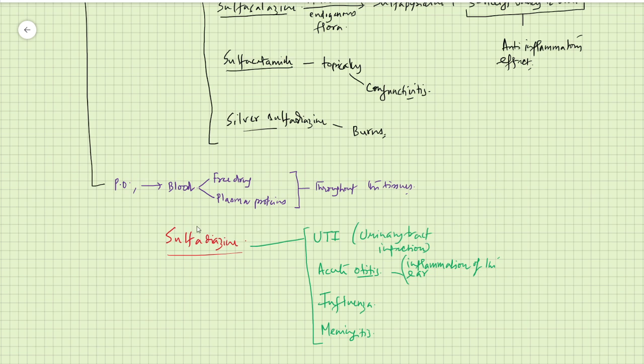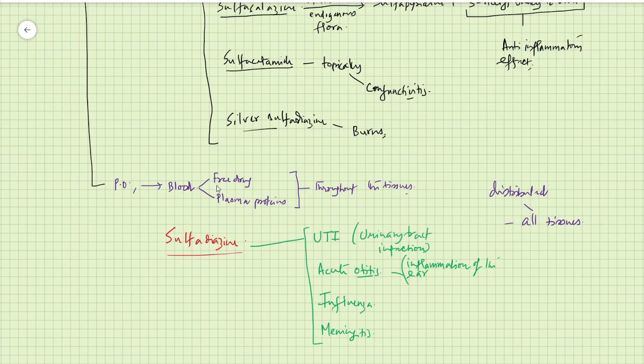That sulfa drugs are distributed into almost all tissues. They are seen in the CNS, in the pulmonary fluid, in the fluid in the ear, and in the secretions of the kidney in the urine. So they are distributed throughout the tissues of the body.